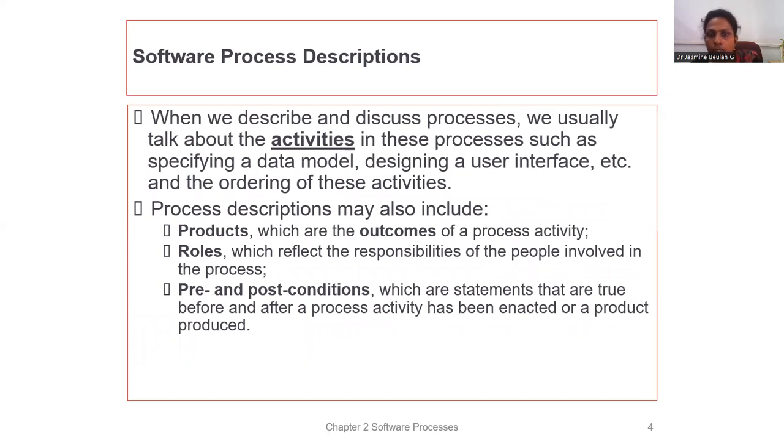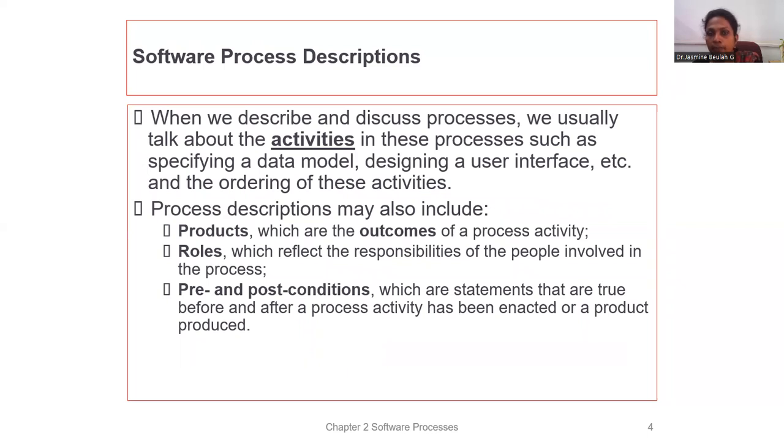So when we try to describe and discuss the processes, we usually talk about its activities. And in these processes, we try to specify a data model. And then you also try to define a user interface and how the ordering of all these activities actually takes place.